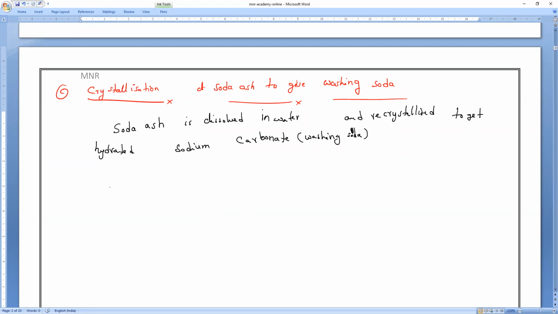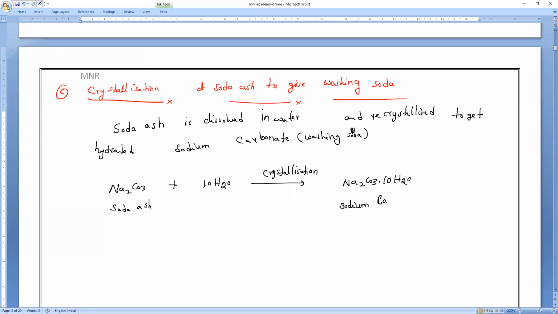So you can see sodium carbonate, Na2CO3, with no water, which we used to call soda ash, reacting with 10 water of crystallization. The recrystallization process will take place so that we get washing soda, Na2CO3.10H2O.